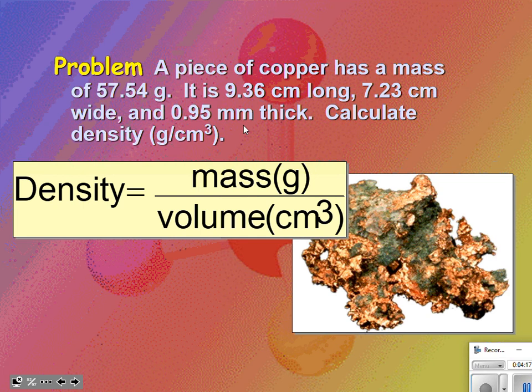That we've got 3 measurements, 2 of them in centimeters, the third one is in millimeters. We need to pay attention to our labels. Can we just do length times width times height with 3 different labels? Absolutely not. So we're going to have to convert that millimeters into centimeters also.